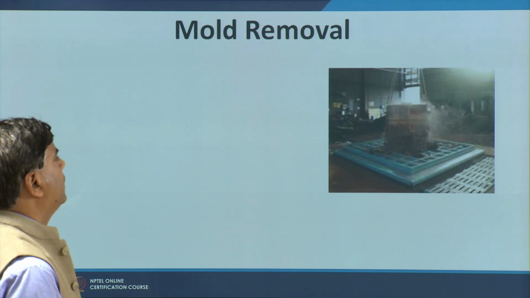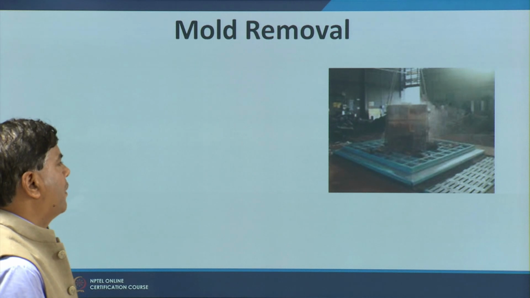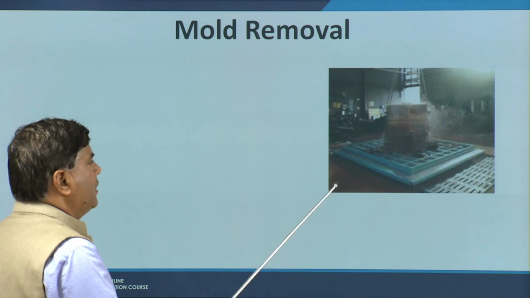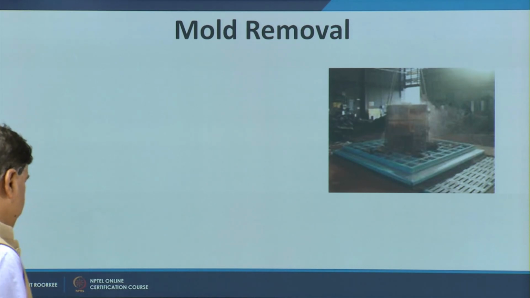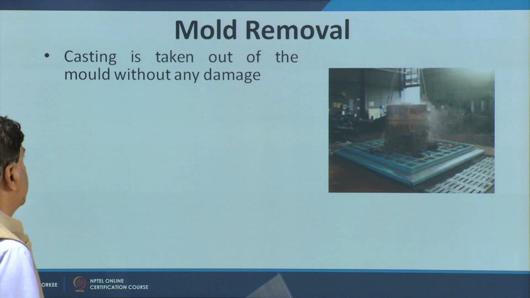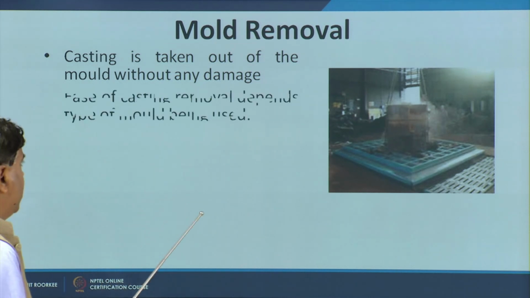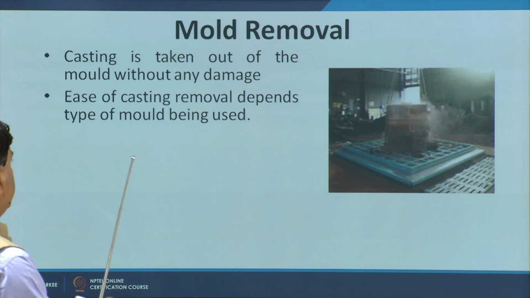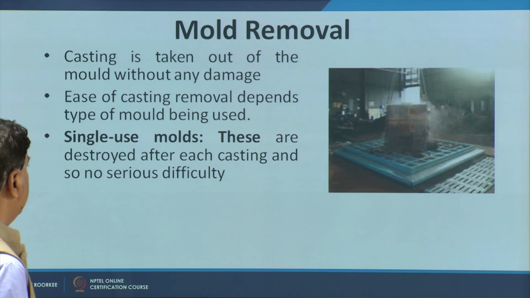This diagram typically shows that sand molds are used for making the mold cavity, and then breaking the mold is involved for taking out the casting. So, the casting is taken out of the mold without any damage, that is one of the purposes. Ease of casting removal depends on the type of mold being used.